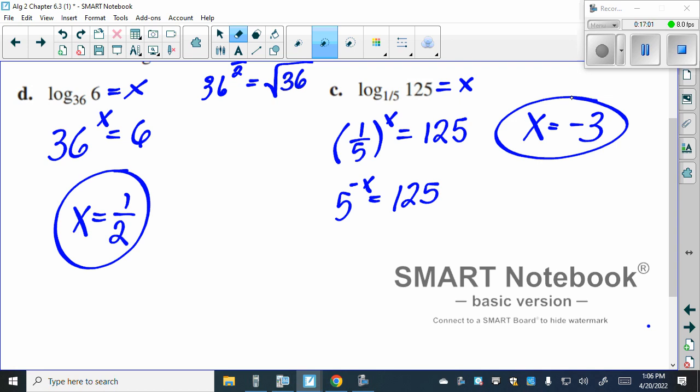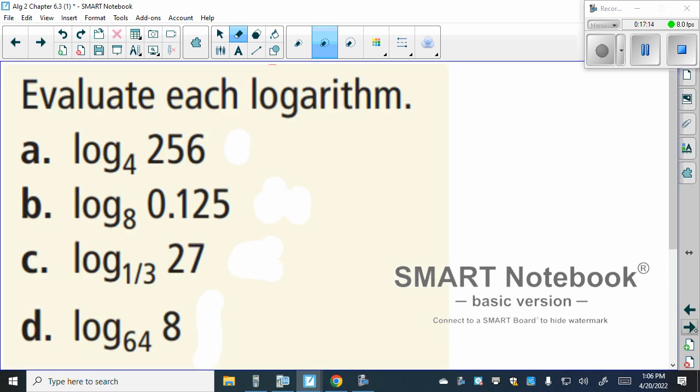Yeah, so we'd multiply 5 3 times. Questions on this here? Let's look at 4 more of these and then we'll move on to the last part of this lesson.